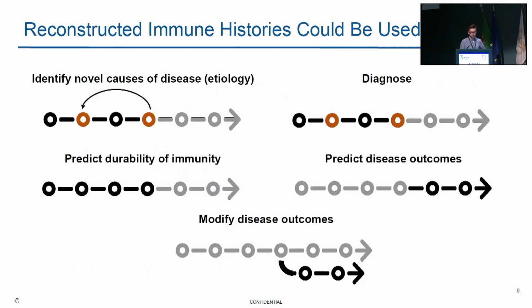In reconstructing immune histories, we are mainly interested in the identification of novel causes of disease, but of course this can be used for diagnosis, prediction of disease outcome, or ultimately, where many of us want to go, modification of disease outcomes.